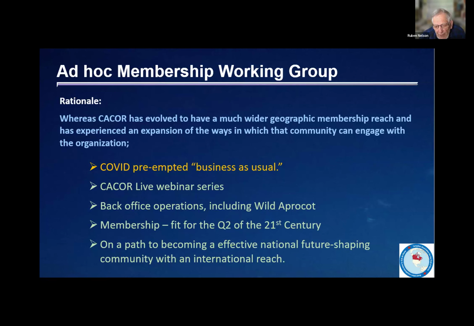We were born, if you think about it, in the third quarter of the 20th century. So that's quite a leap. And we're now on the path to becoming an effective national future shaping community with an international reach.